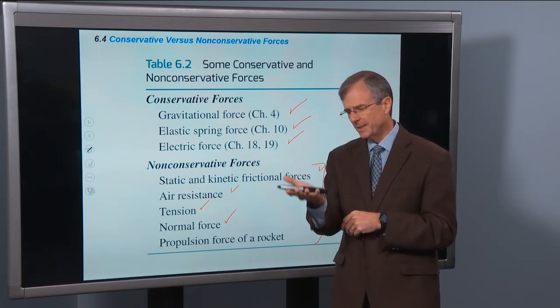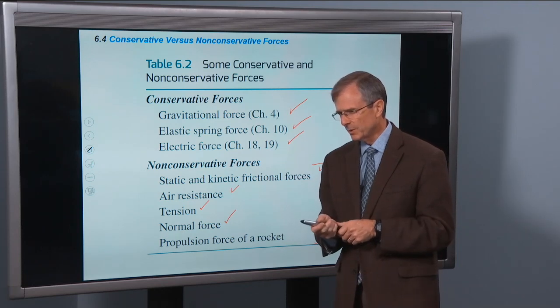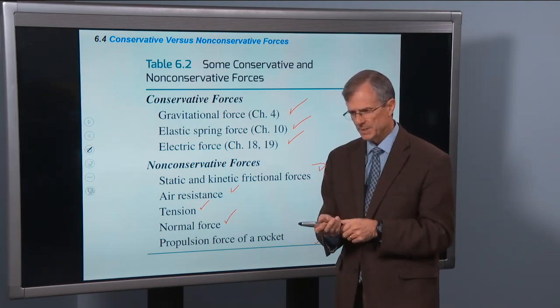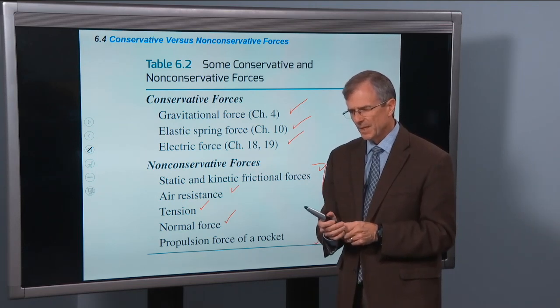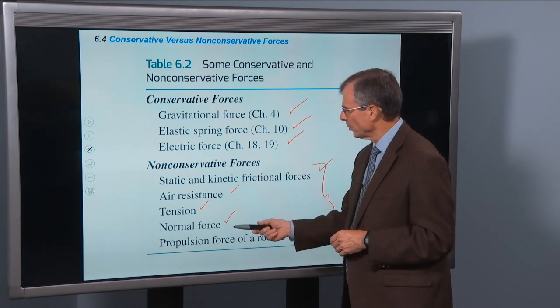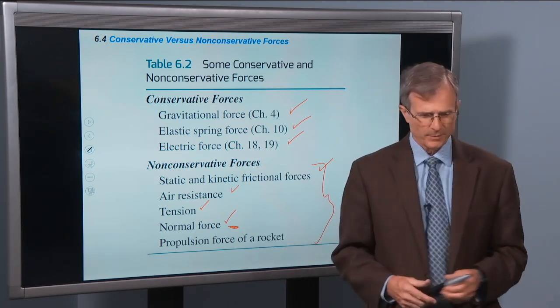And if I come back down again, well, that's actually an example where the normal force is conservative. The normal force is still up, the displacement is down. There are cases, can't think of one right now, where the normal force is non-conservative, and the tension, etc. I have to think about that a little bit more.